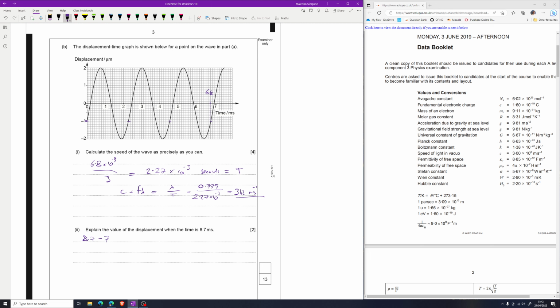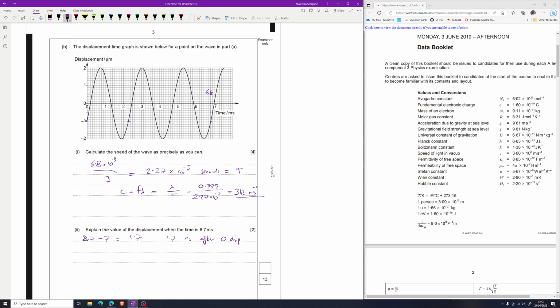minus 7 equals 1.7. So 1.7 milliseconds after passing through 0 displacement. And then we can just look at somewhere else on the graph where that is true.